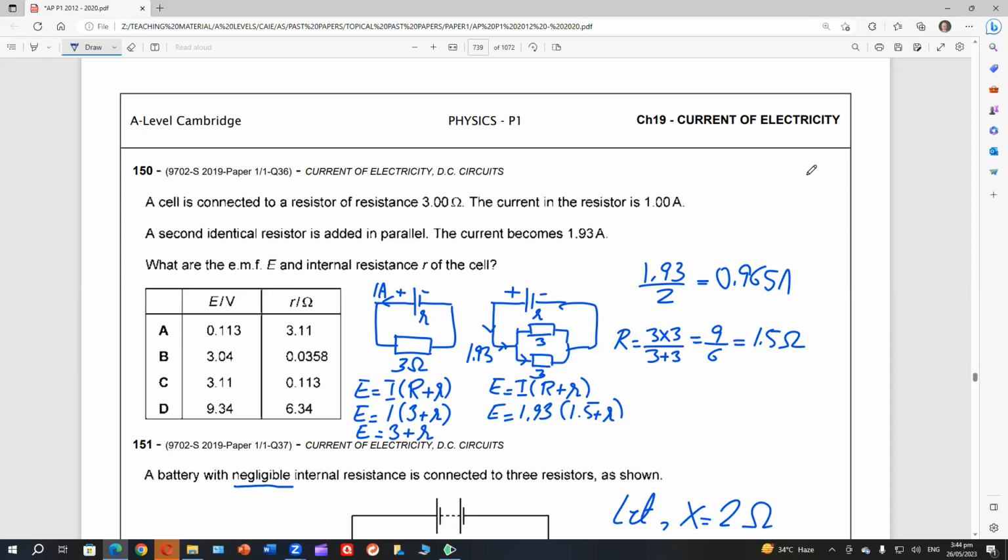How much is 1.93 into 1.5? 1.93 into 1.5 is 2.895. Sorry, 2.895.